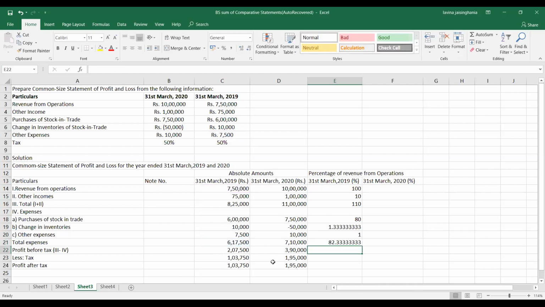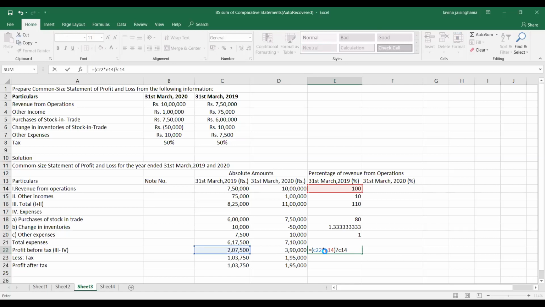If you do the same for profit before tax, that is if 7,50,000 is 100%, what is the percentage of this profit before tax? So you can similarly do the cross multiplication. 7,500 into 100 divided by 7,50,000.